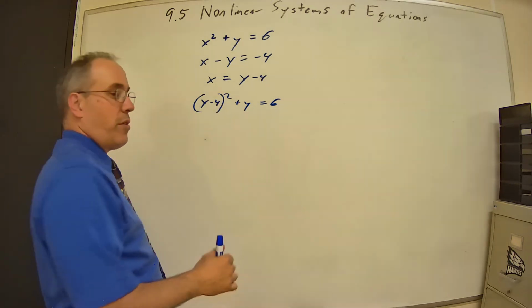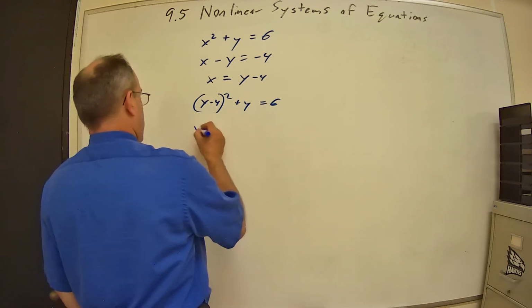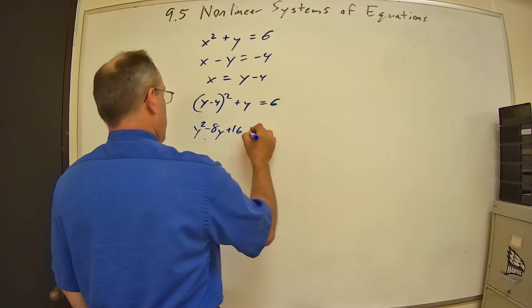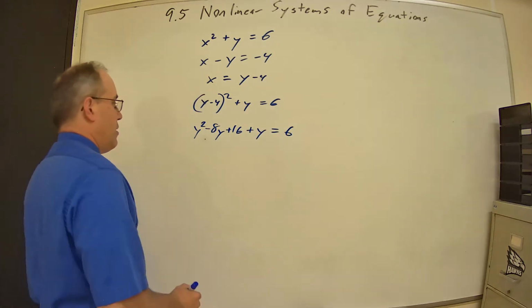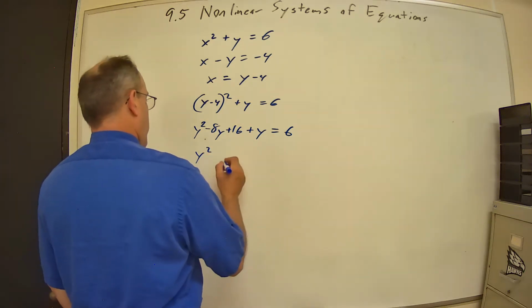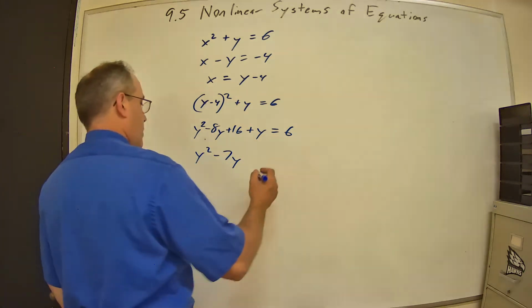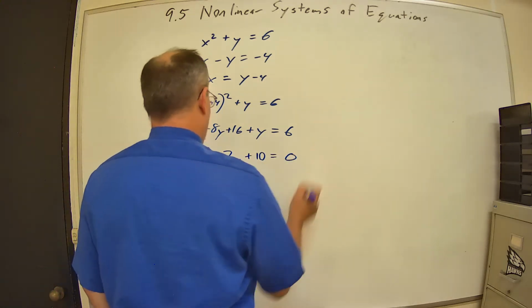Y minus 4 squared, that's the square of a difference. So that's y squared minus 8y plus 16 plus y is equal to 6. Y squared minus 7y plus 10 is equal to 0.